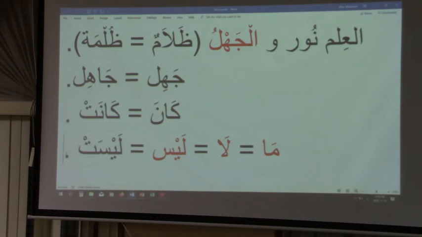In English, we have a noun, we have a verb, and we have a particle. So ma, la, laysa is a particle. خلاص? Please write down: ma, la, laysa is a particle.